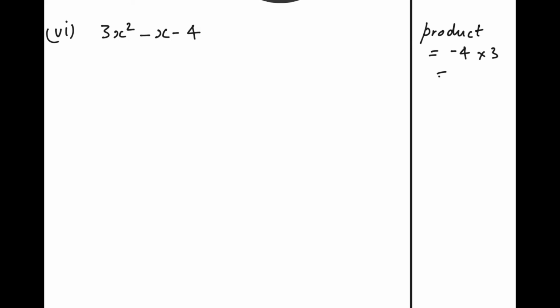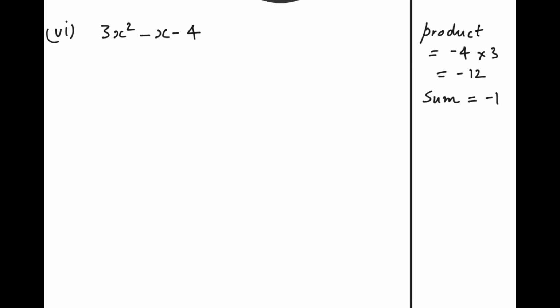So the product should be equal to minus 4 into 3, which is minus 12, and the sum should be equal to the middle term, the coefficient of minus x, which is minus 1. So we need to find two numbers whose product is minus 12 and the sum is minus 1.